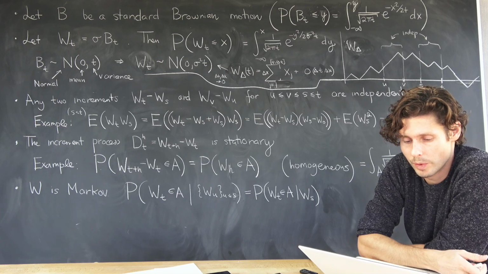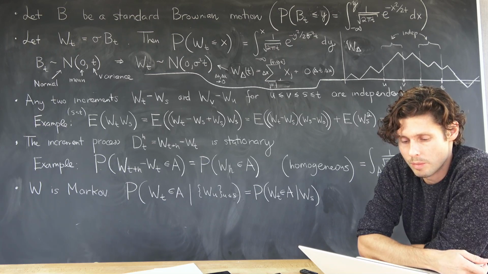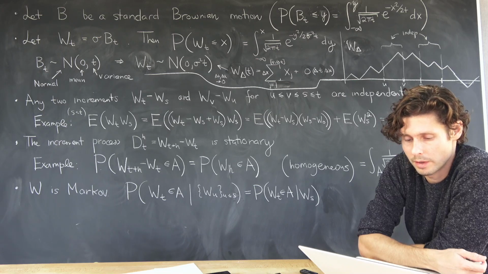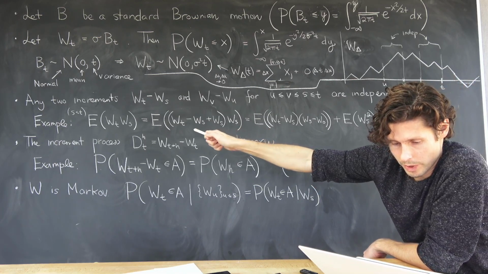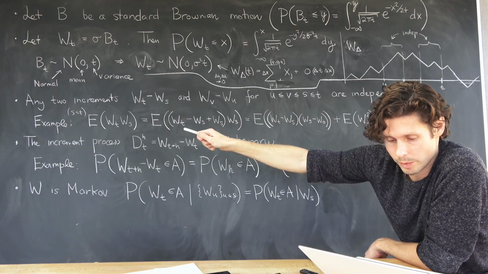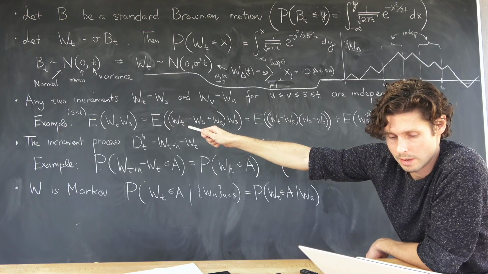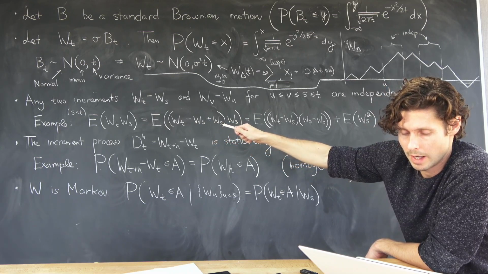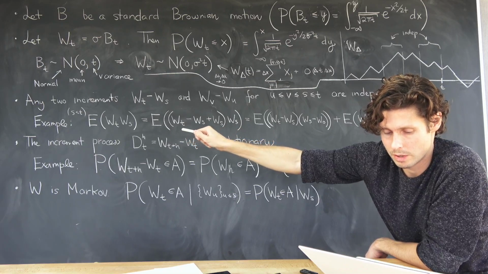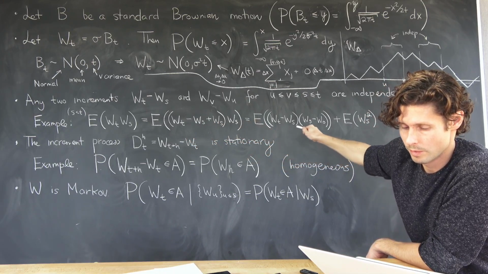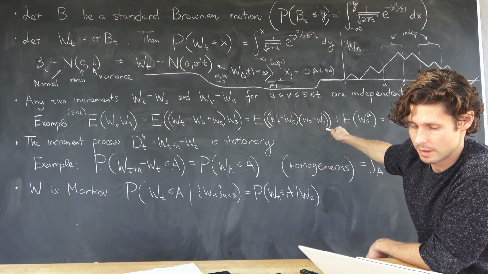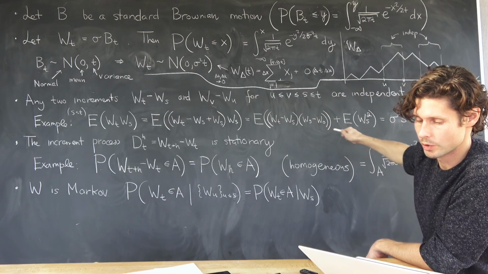So if we want to compute it for the Brownian motion, how do we attack this problem? Well, this is how independent increments comes in. What you want to do, and this is a standard trick, is take WT, and here I've assumed S is less than T. I subtract and add an S, and the reason for doing this is to form this increment. Now when you multiply WS through, you can write this previous expectation as the sum of two expectations.